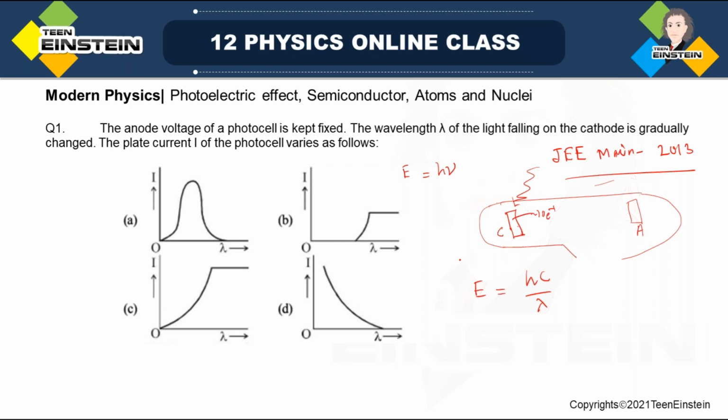If you want to know the variation of photocurrent, you need to know how the emission of electrons depends on the energy of the incident photon. The photocurrent is directly dependent on the intensity of the light.